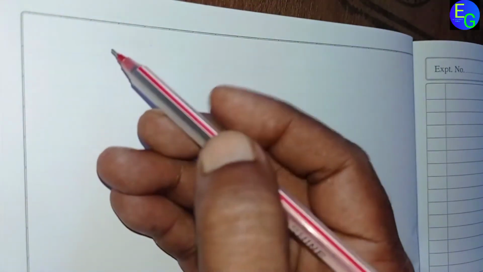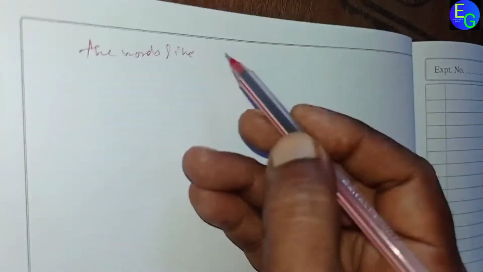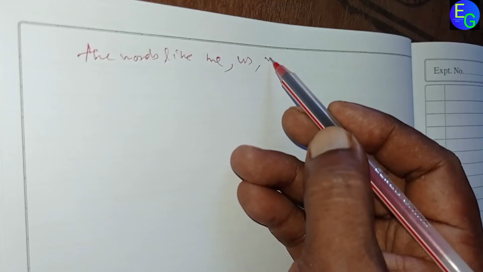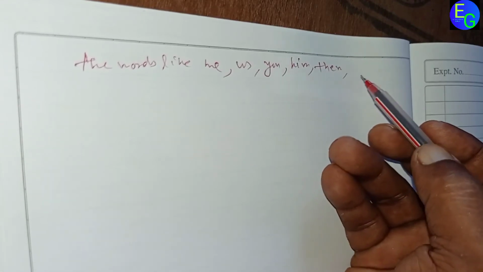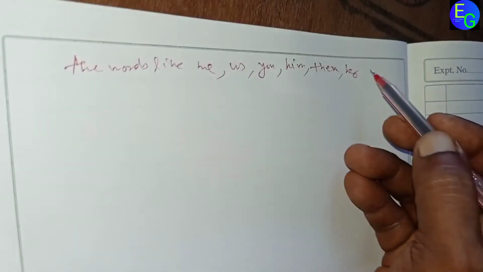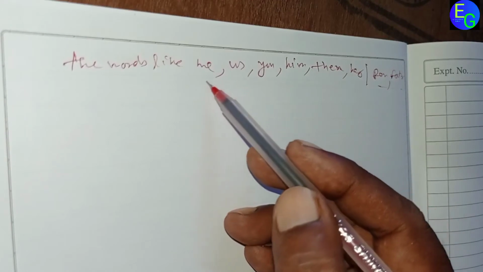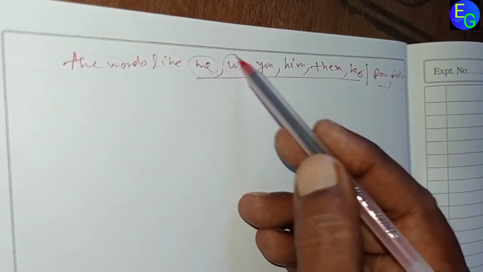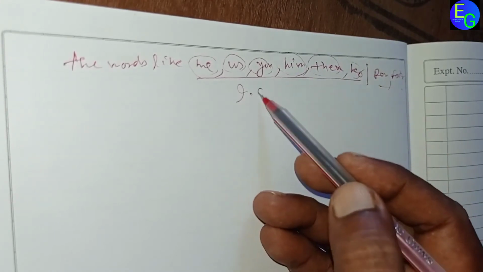Now, which words come as objects? You see the words like me, us, you, him, them, her, etc. Or any noun, you can say Ram, father, etc. Any noun or pronouns in object form, personal pronouns me, us, you, him, them, her, etc. These words come as indirect objects.